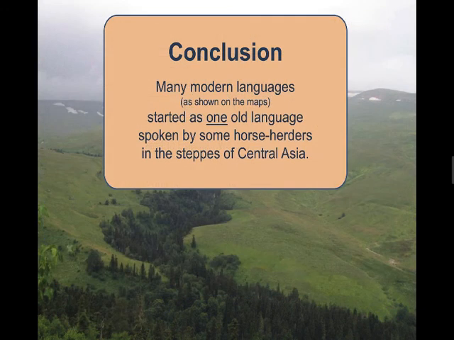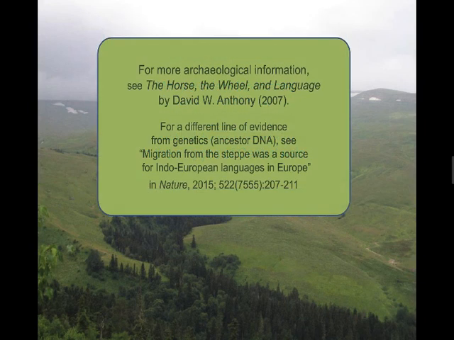In other words, a lot of modern languages started as one old language spoken by some horse herders and horse traders in the steppes of Central Asia. And those people moved north when the climate got warm and south when the climate got cold. And they basically wound up all the way from Wales and Britannia to India.